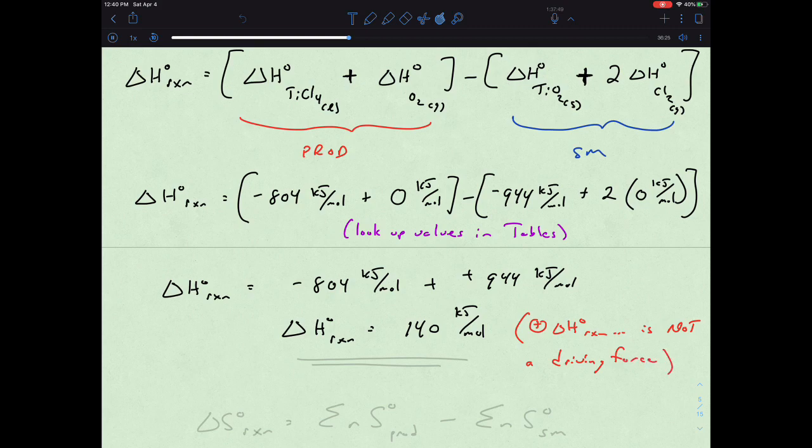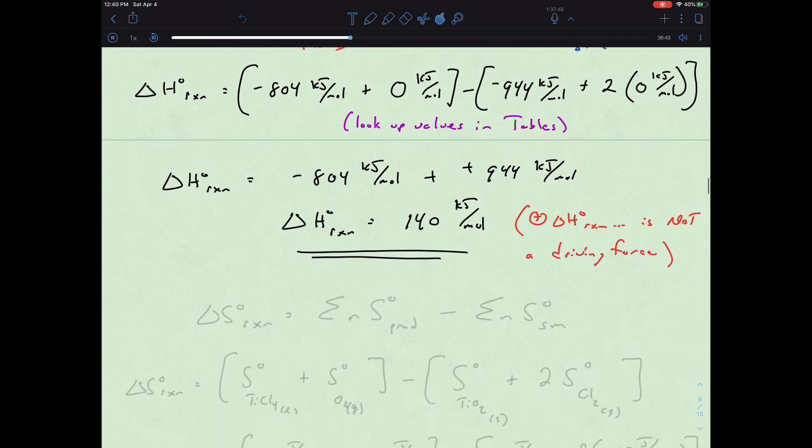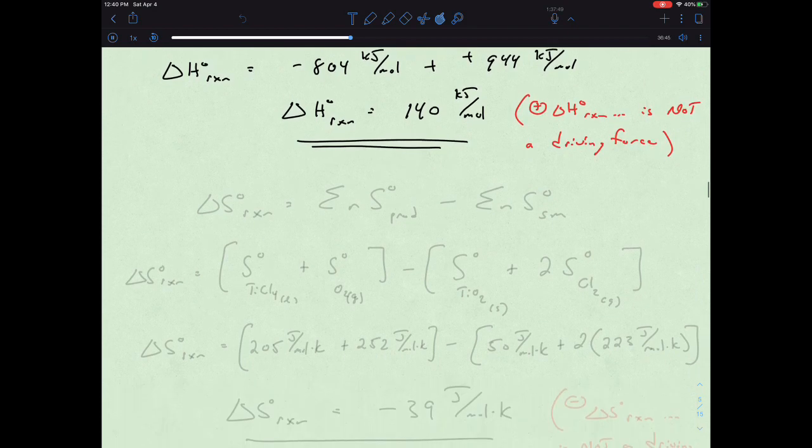So that's our first bit to answering the question of delta G. We have the delta H portion of that equation. So now we go to the delta S portion of the equation.